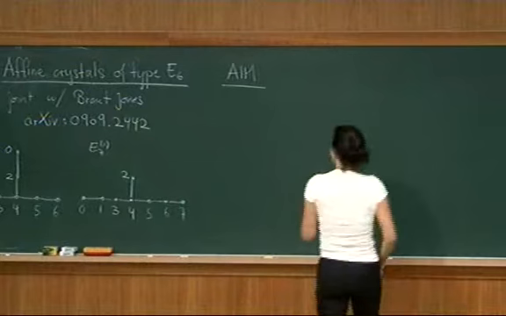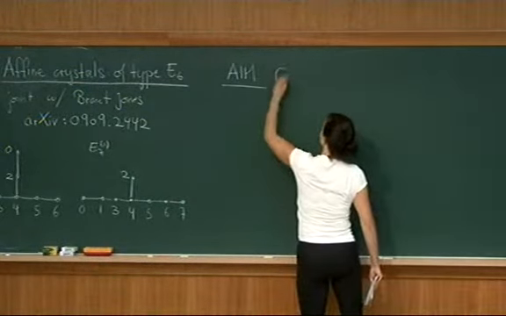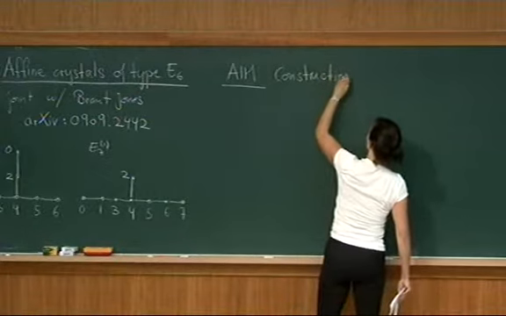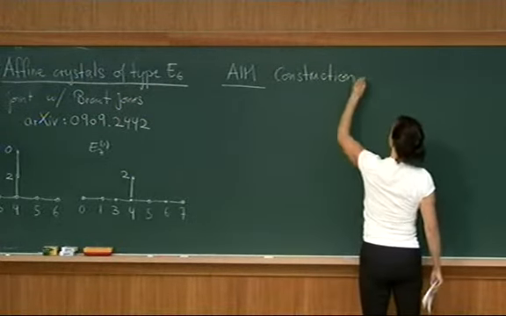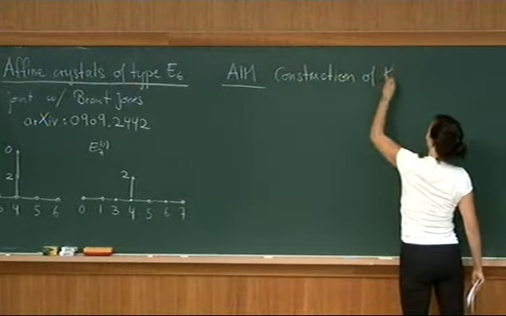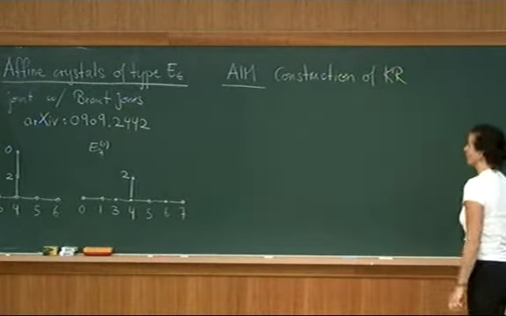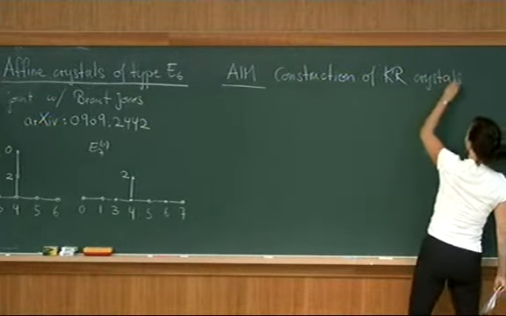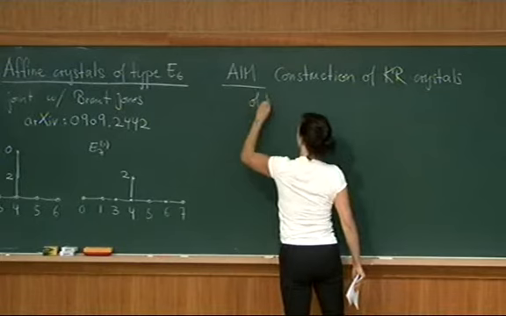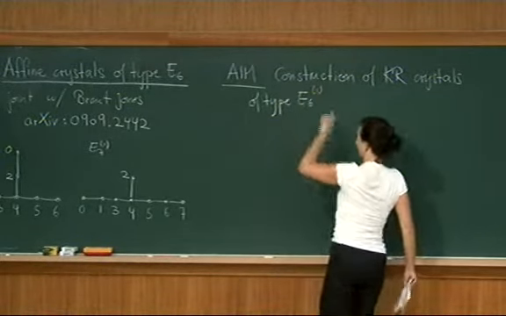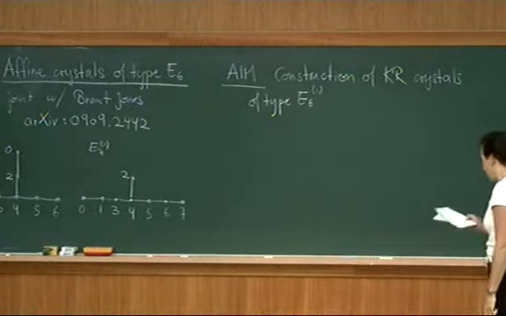Okay, so the aim is really the construction of Kirillov-Reshetikhin crystals for type E6. Kirillov-Reshetikhin I will always abbreviate by KR. So KR crystals of type E6, or I should say affine E6.